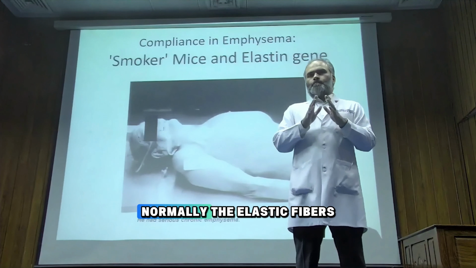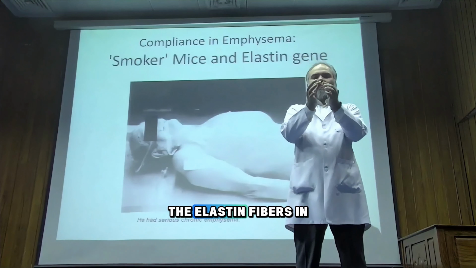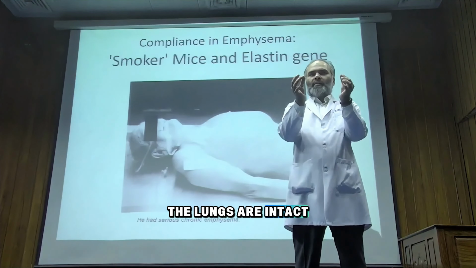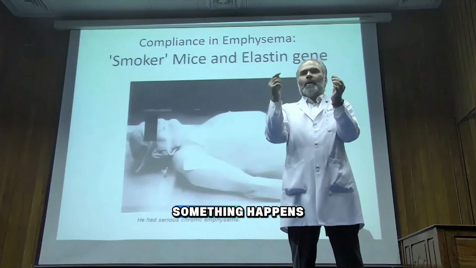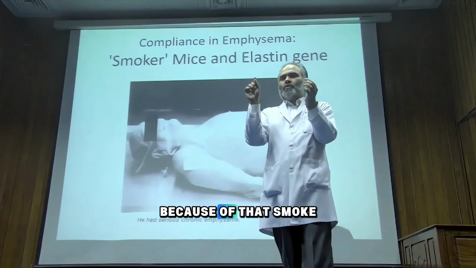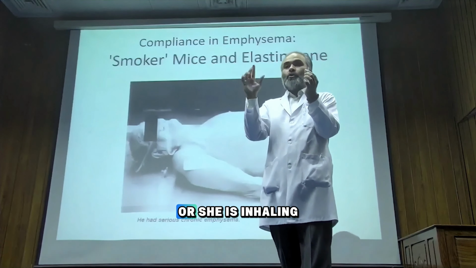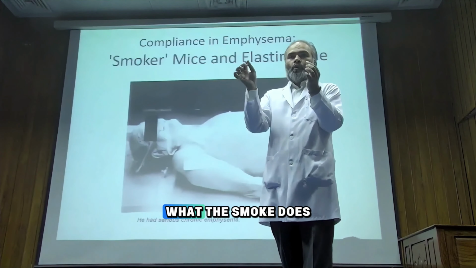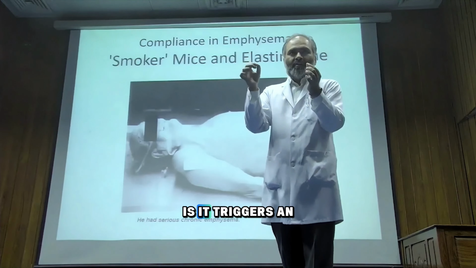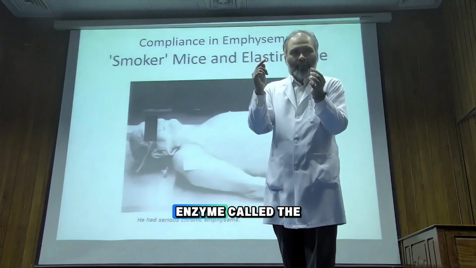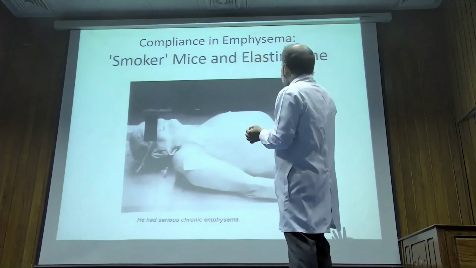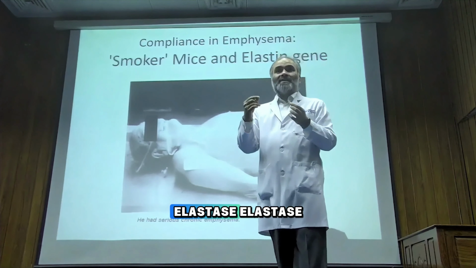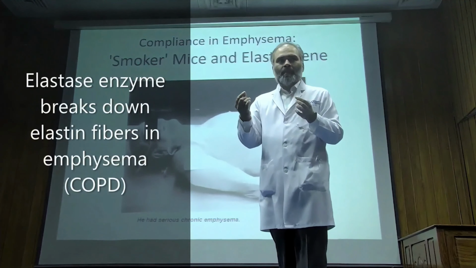Normally, the elastin fibers in the lungs are intact. But in the smoker, something happens because of that smoke that he or she is inhaling. What the smoke does is it triggers an enzyme called elastase.